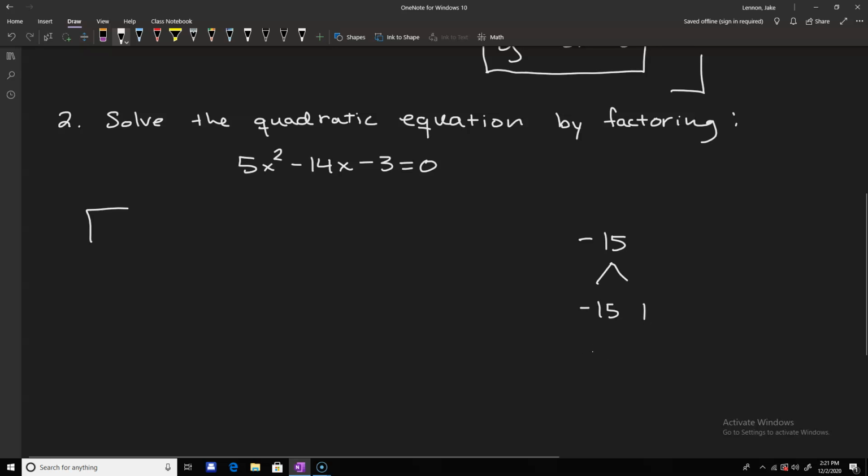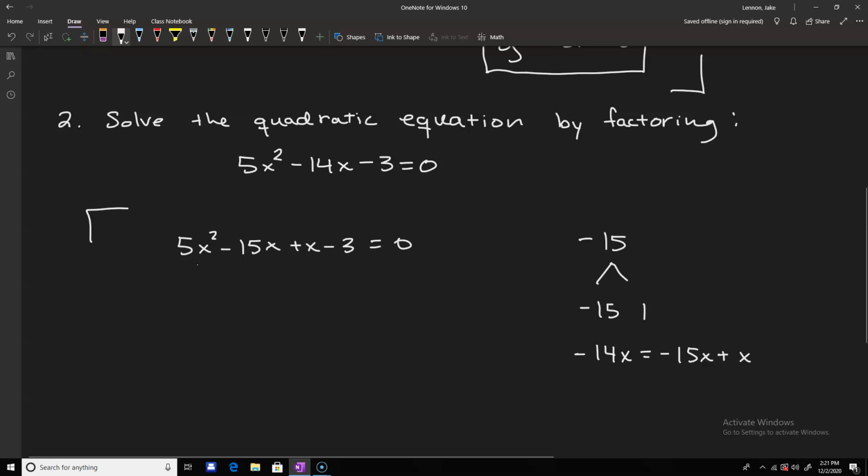So basically that means that we could rewrite -14x as -15x plus x. And that's what we're going to do. So we're going to have 5x squared minus 15x plus x minus 3 equals 0.